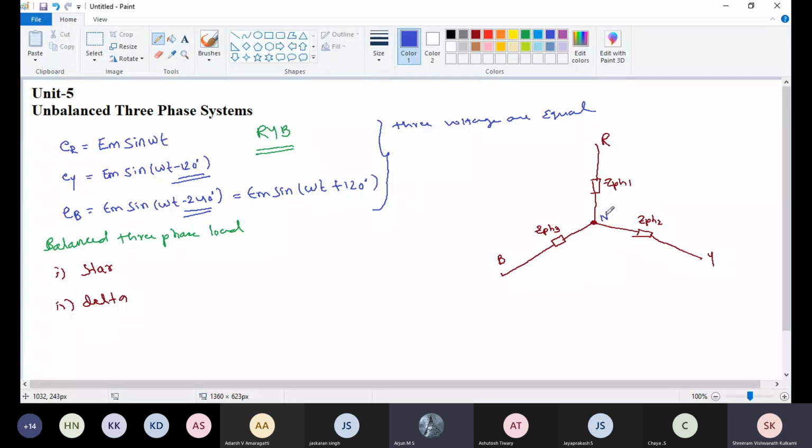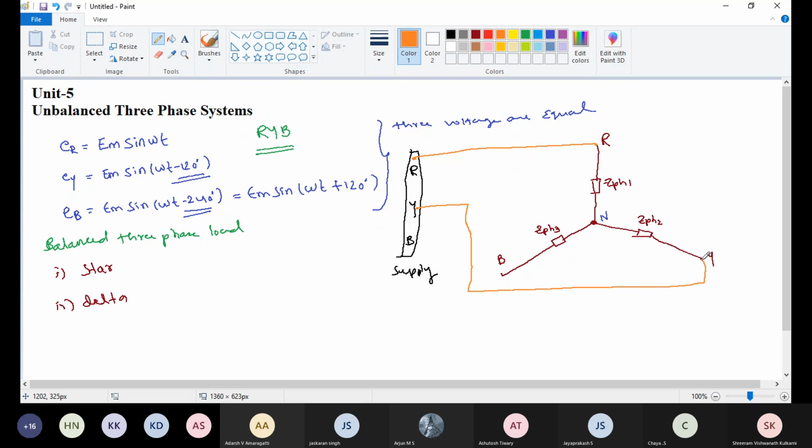Neutral point N. Now if I connect one three-phase balanced supply, R, Y, B, to my star connected load, R to R, Y to Y, then B to B, this is my three-phase balanced supply connected to the balanced three-phase star load.